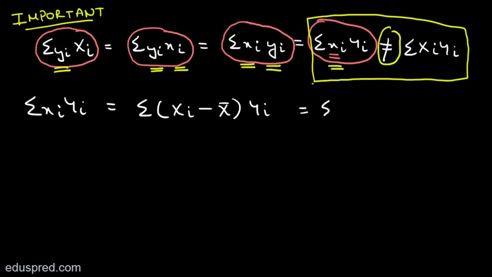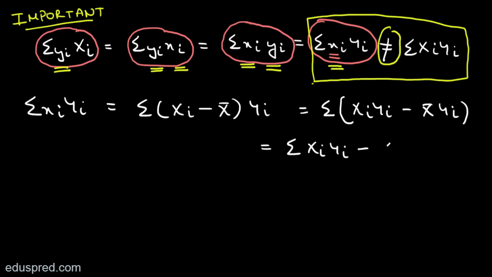If you multiply these two, then we get capital Xi multiplied by capital Yi minus x bar multiplied by capital Yi, and this is equal to summation capital Xi multiplied by capital Yi minus x bar summation capital Yi.